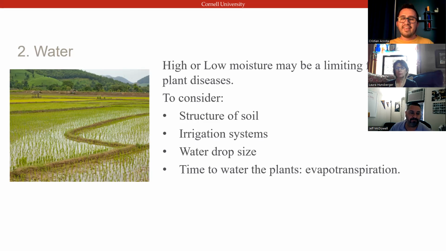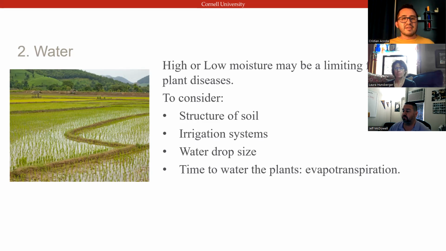Thank you, sir. Okay, so now very important, another important factor to be monitoring is the water. The water is fundamental in every plant, even for us as animals, it's very important.